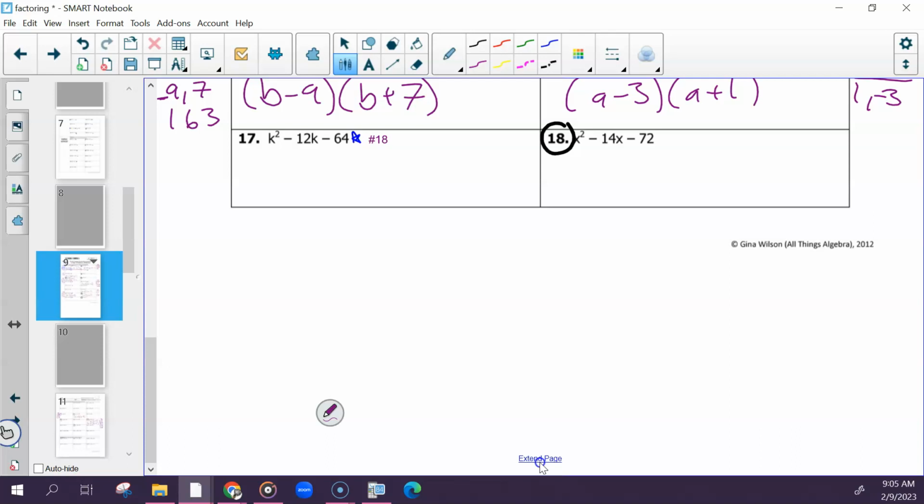Think about your factors of 72. I'm not going to list them out this time. You figure out the factors of 72. One of them has to be negative. Figure out which one has to be negative, and tell me what those numbers would be.